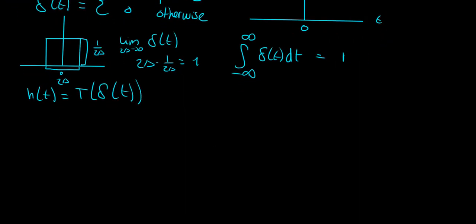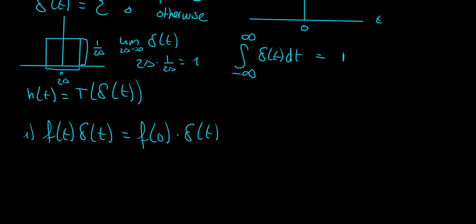Namely, if we multiply it with a function f of t, this is just equal to f of 0 times delta of t, which will always be infinity, except when you multiply it with a negative number, then it is minus infinity, or with 0, then it will be 0.